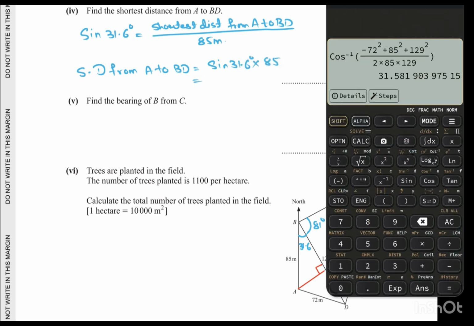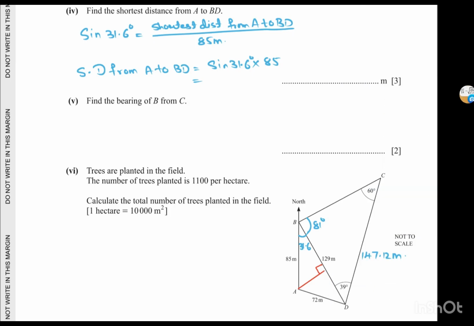Find out. Sine 31.6 multiplied by 85, 44.538. 44.538 is the shortest distance.